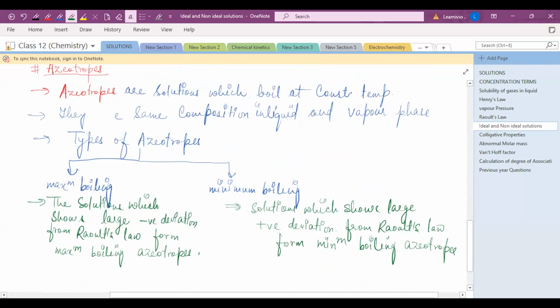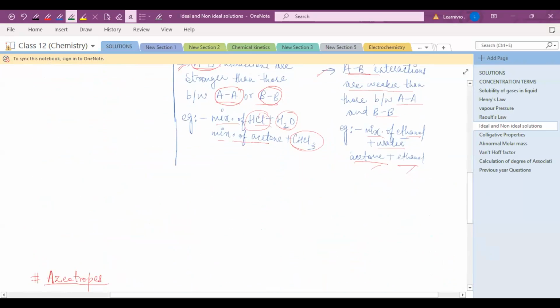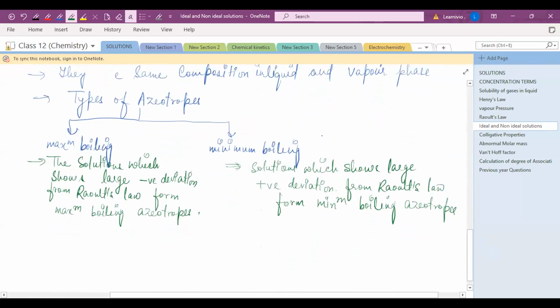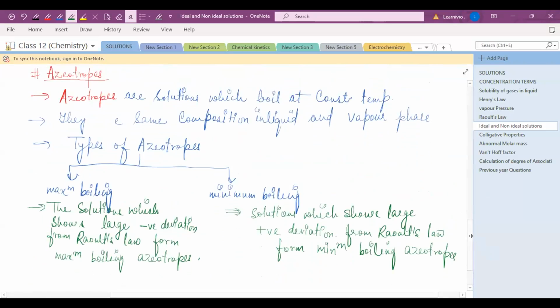Because they show a large negative deviation from Raoult's law. And your mixture of ethanol and water or acetone and ethanol का जो mixture होंगे, they will form the minimum boiling azeotropes, right? Because they show a large positive deviation from Raoult's law. Okay, so that's all about the azeotropes and azeotropic mixtures.